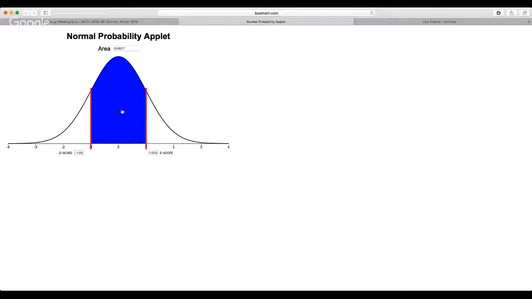Are you all seeing the picture? Is that the right area? So what it's asking is what area is between 1 and -1? Yeah, that would be right. So it's 0.683.